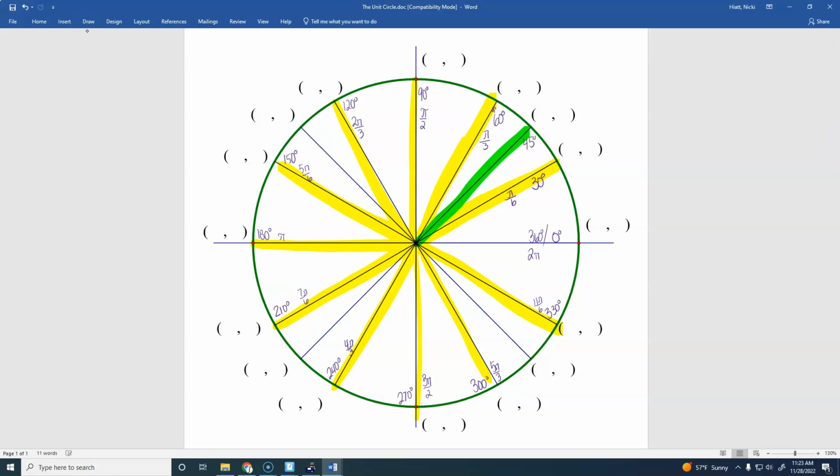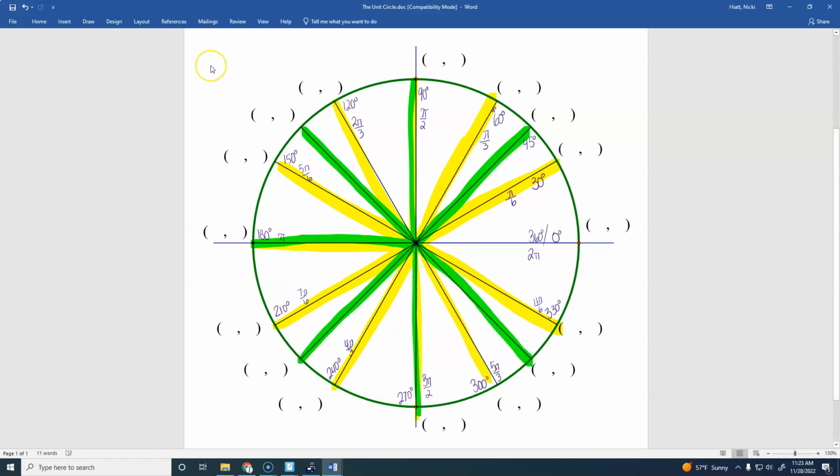So that's 45 degrees. So I'm going to highlight here every increment of 45 degrees. Notice it's going to hit some of these we've already done.